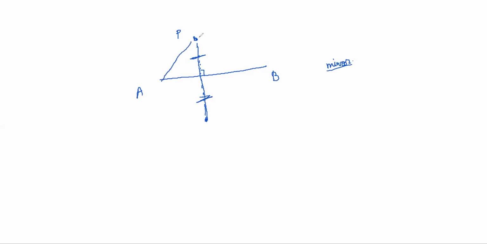Then triangle PAB and triangle P dash AB. You have to prove that these triangles are congruent, right? So how will we prove this now?